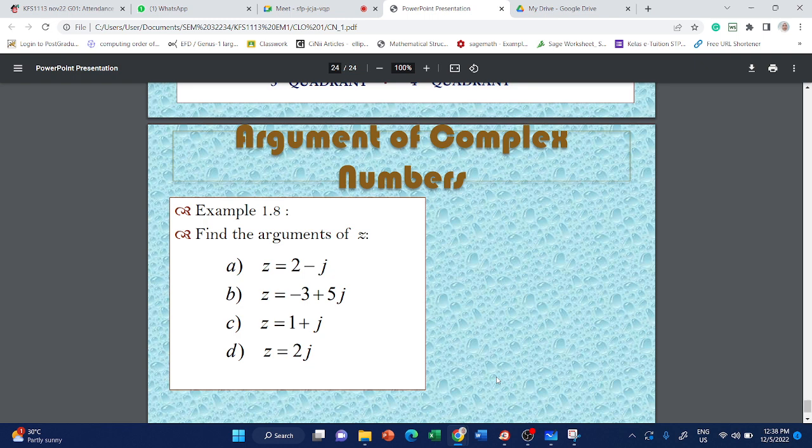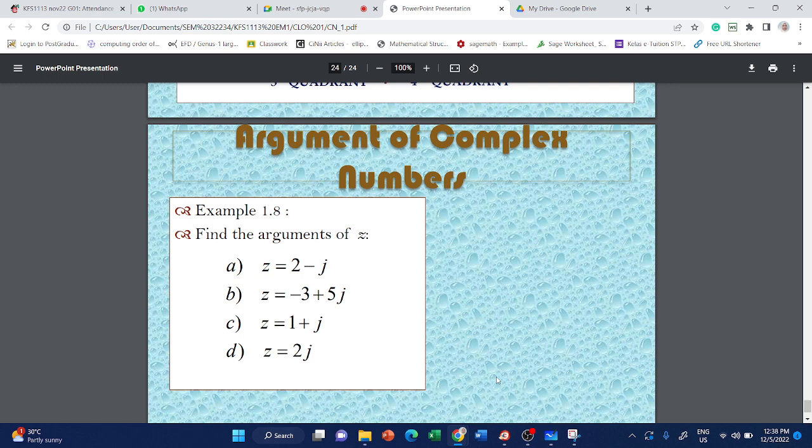Okay, so for D, because you have a complex number, your Y is 2 and your X is 0. What do you think about the angle for D? Zero or 180? Which quadrant does the point for D lie on, 1, 2, 3 or 4?